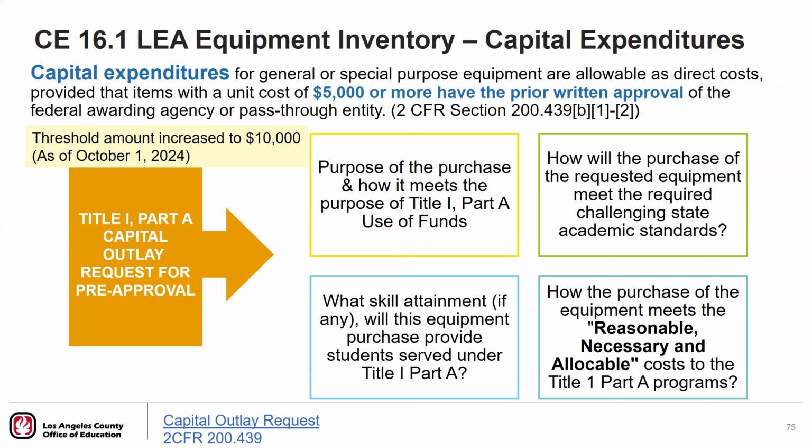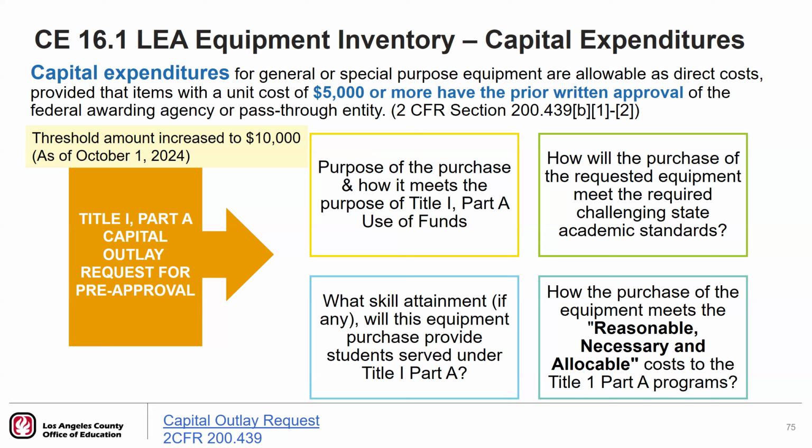The link to the pre-approval capital outlay request form is included for your reference on the slide. The LEA needs to ensure all required components apply to the purchase request. Specifically, the item must directly relate to a Title I Part A purpose and program approved for assistance with specific Title I funds in the LEA's local plan.